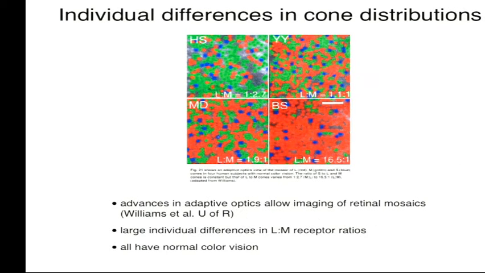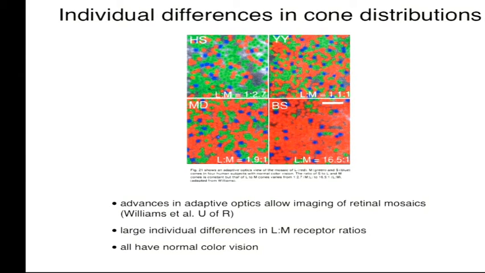So this is interesting. Several years ago now, I think 10 or 15 years ago, David Williams, who's at the University of Rochester, developed systems of adaptive optics to allow direct imaging of the photoreceptors in the retina.